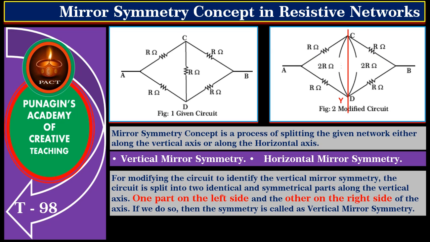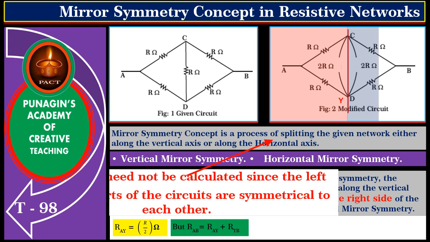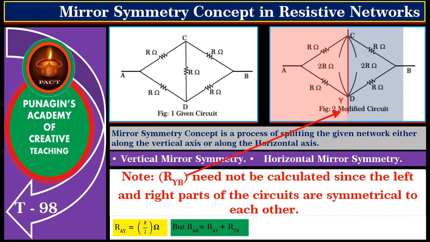We find that RAY is equal to R by 2 ohm. But RAB is equal to RAY plus RYB. Note, RYB need not be calculated since the left and the right parts of the circuits are symmetrical to each other.